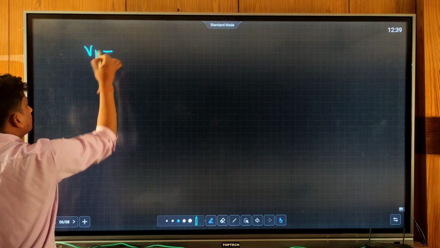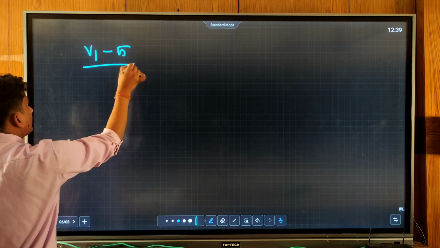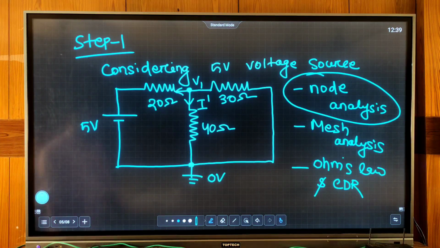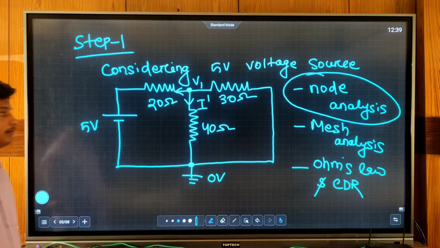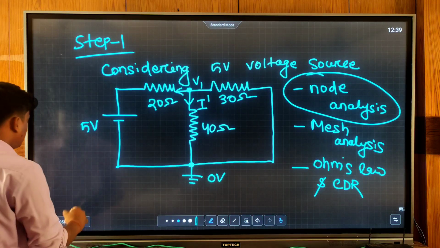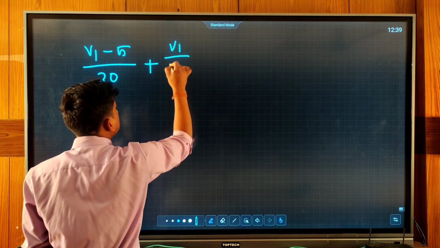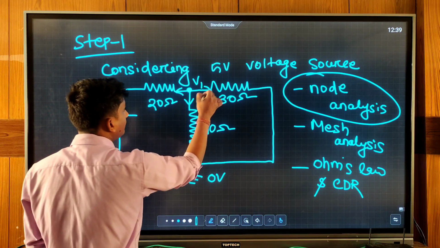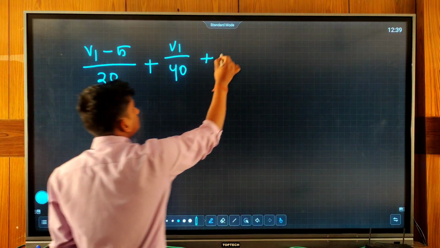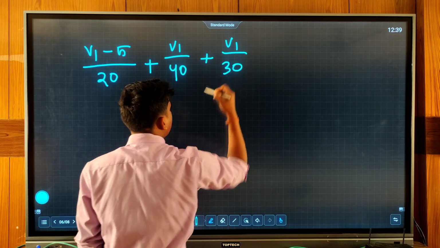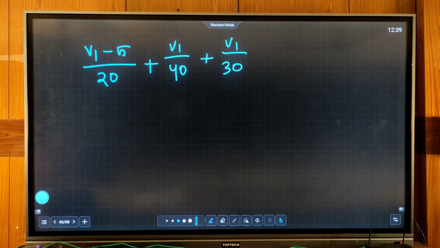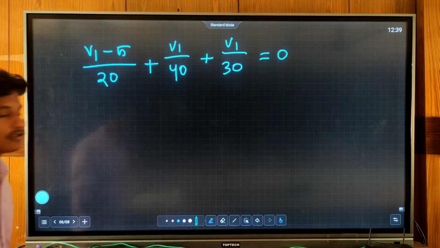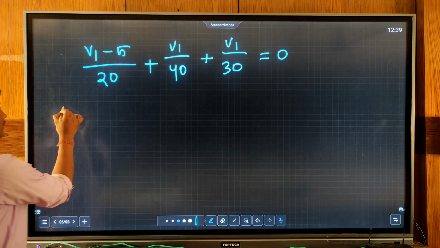So (V1 minus 5) by 20 plus the current through this resistance will be V1 by 40, and the current through this resistance will be V1 by 30. According to Kirchhoff's current law, the sum of currents is equal to 0. By solving this equation, we can calculate V1.